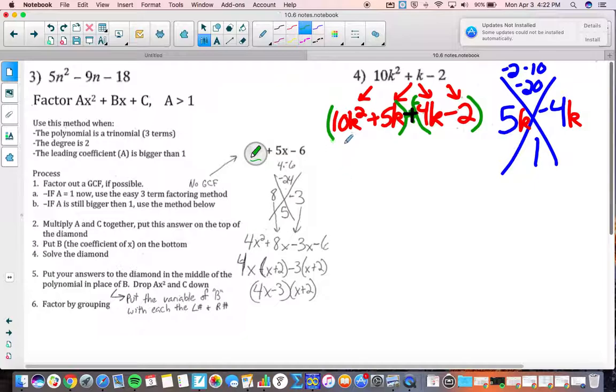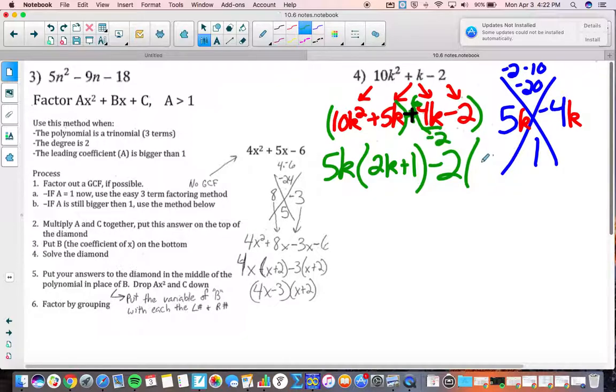So we can pull out a 5k from the first binomial. We're left with 2k plus 1 then. And we can factor out a negative 2 from this one, because I see they're both negative, and I actually want them both to be positive to match this one. So instead of pulling out just a 2, pull out a negative 2. And then negative 4k divided by negative 2 is positive 2k.